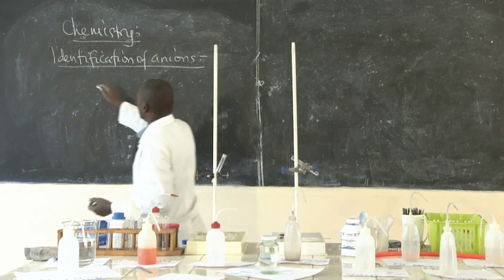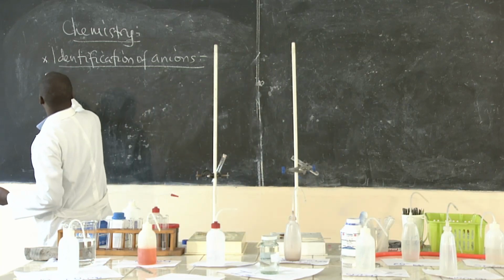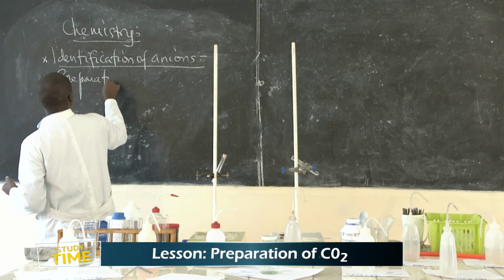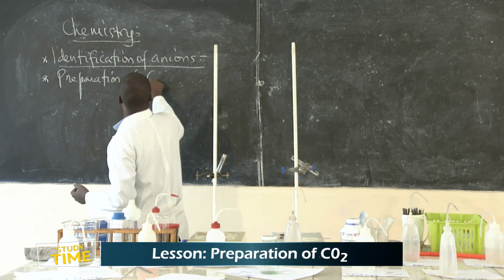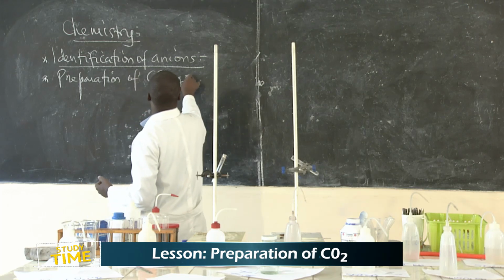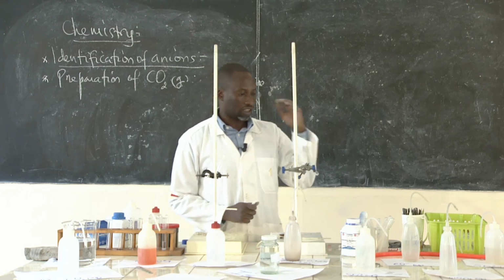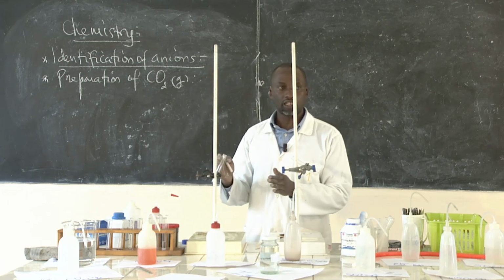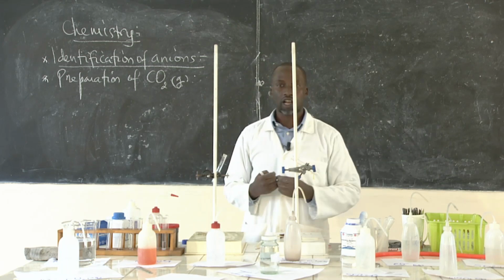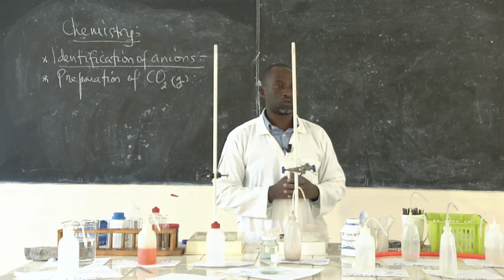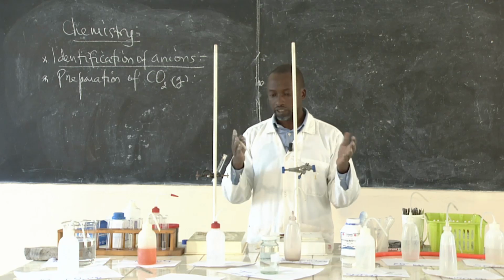And then we'll also have to look at the preparation of carbon dioxide gas. If we are preparing carbon dioxide, then we'll have to test for carbon dioxide, and at the same time, that will be the carbonate that will be tested.